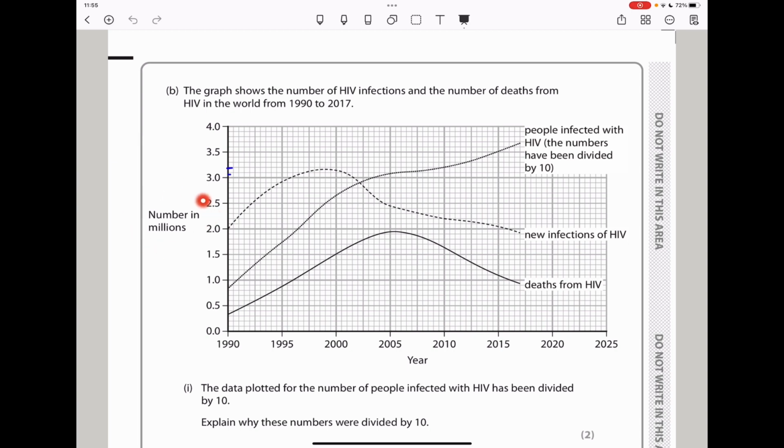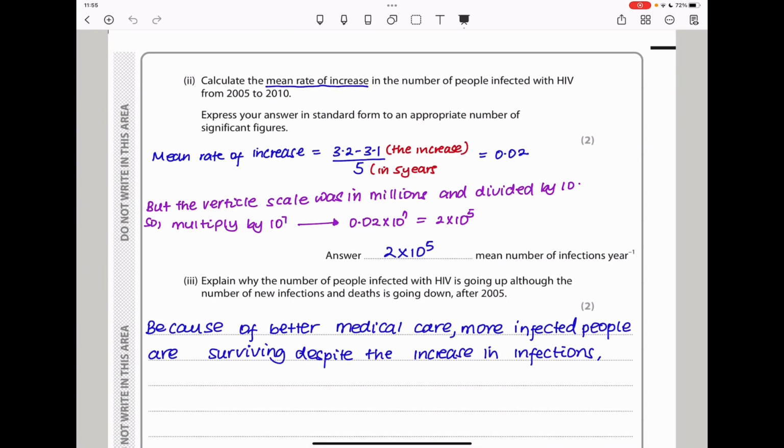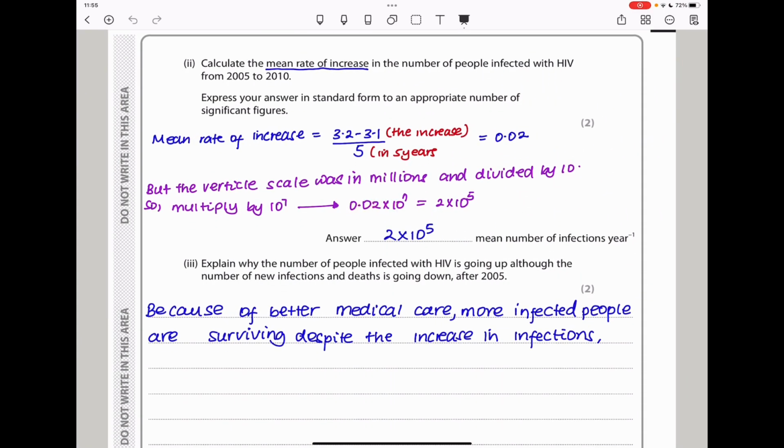However, the vertical axis is in millions, so instead of times 10 power 6, which is a million, we have to do times 10 power 7 for at least this curve here to be able to get the correct value. So here I multiplied the value by 10 power 7 to give me 2 times 10 power 5. Remember, we were supposed to represent our answer in standard form, so it's 2 times 10 power 5, and that is the number of infections per year.